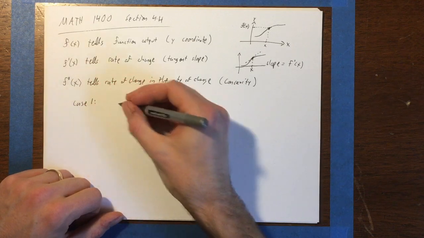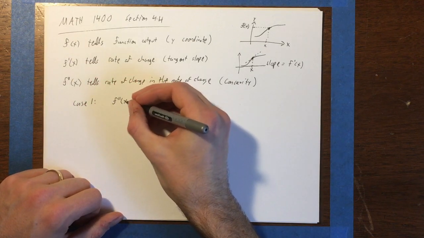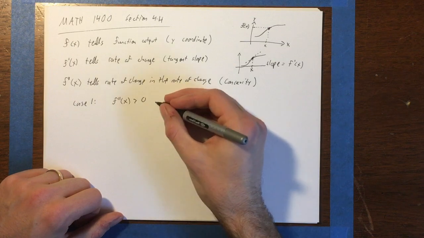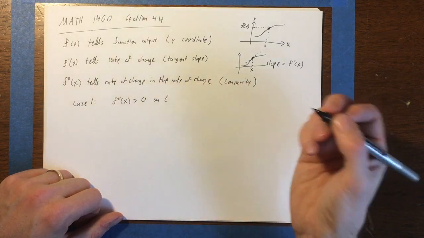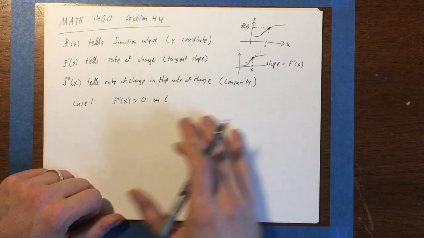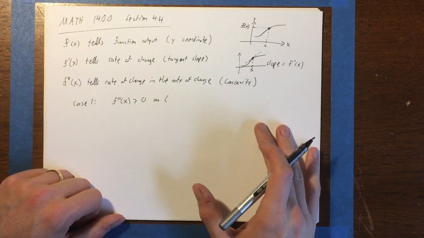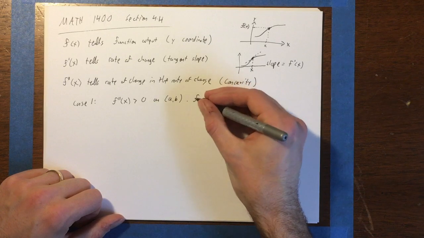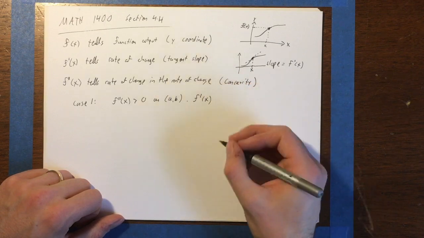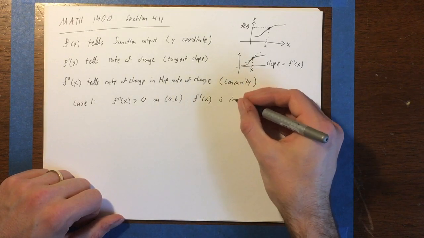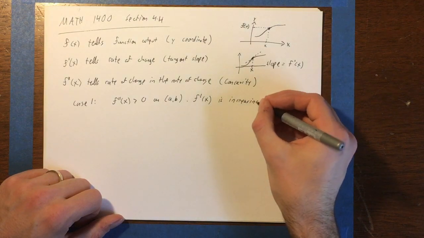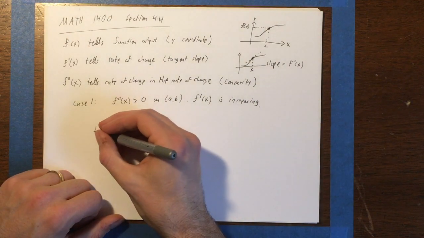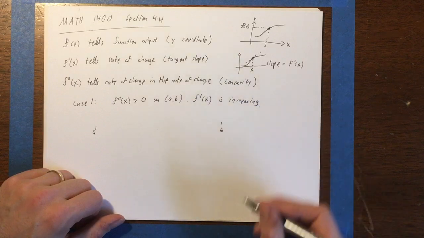Case one, where f double prime of x is positive on some interval. We're going to talk about this happening on an interval. So if we have a positive second derivative on an interval from a to b, what that means is f prime of x, the first derivative, is increasing. We're going to draw a picture of what that looks like. So here's our interval, a to b over here.